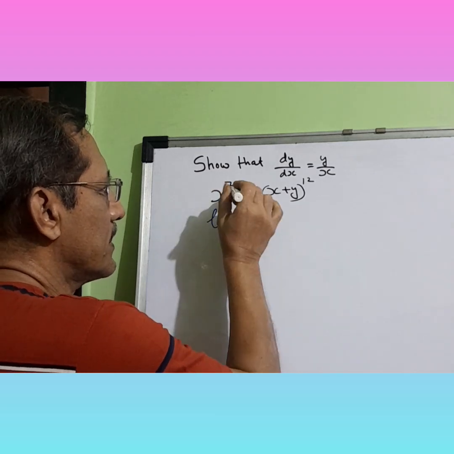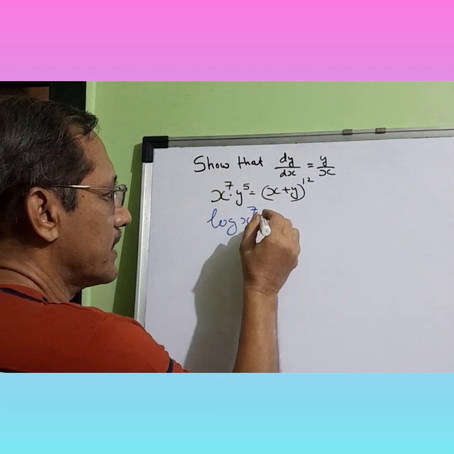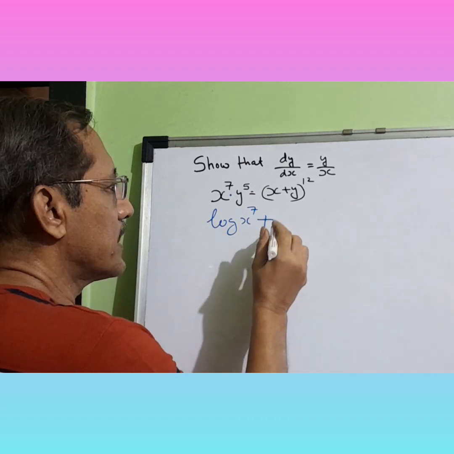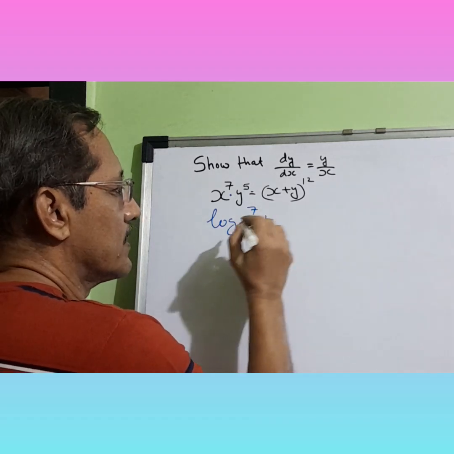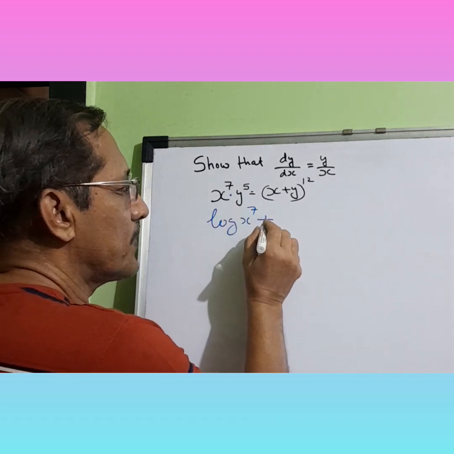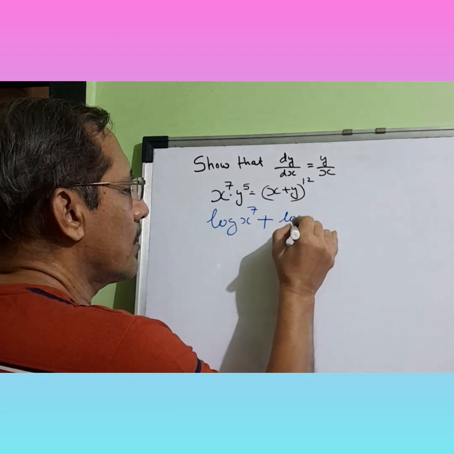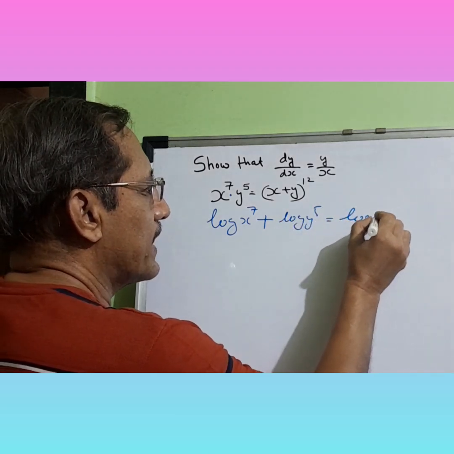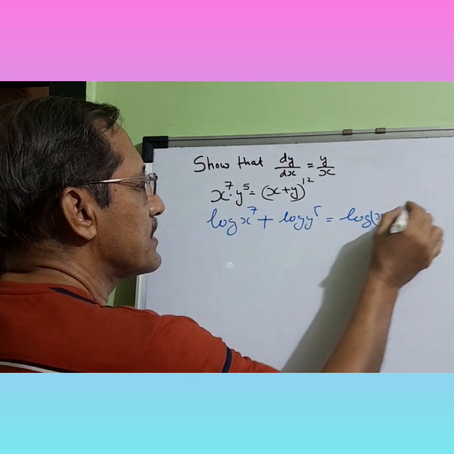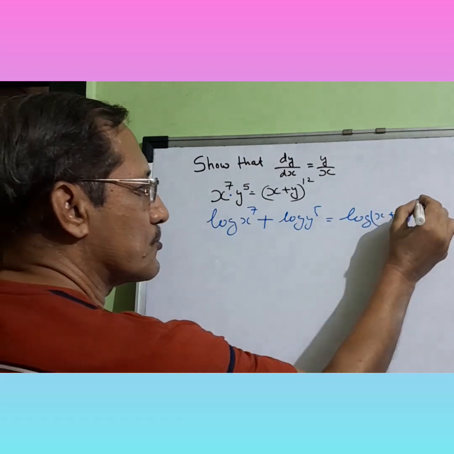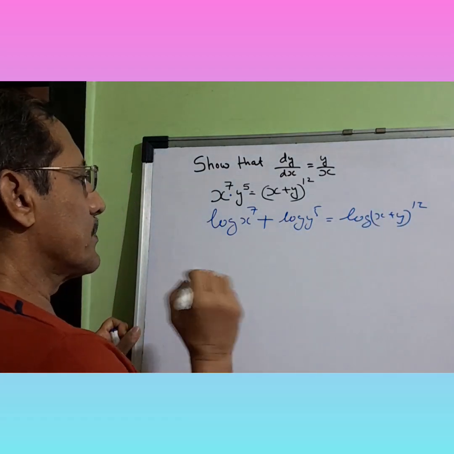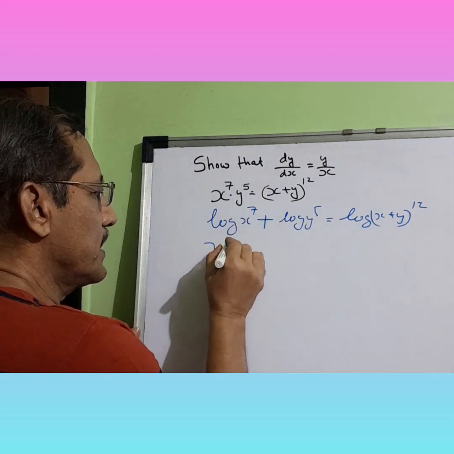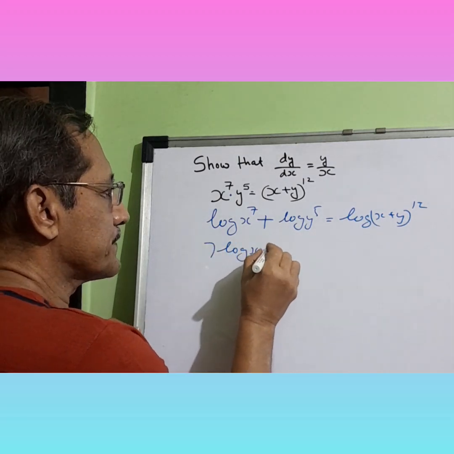This entered here, it was multiplication, so that multiplication got converted into plus, and this becomes log y raised to 5 is equal to log of (x plus y) raised to 12. Now the powers come down, so this is what I meant, it gets linear.